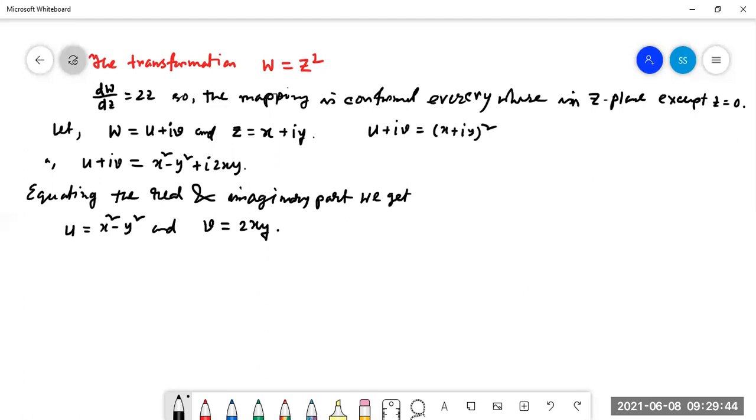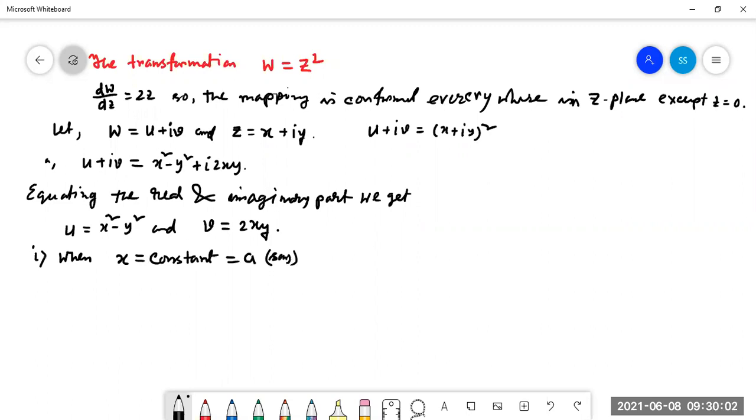Now there are some cases. Number 1, when X equal to constant, say X equal to small a.